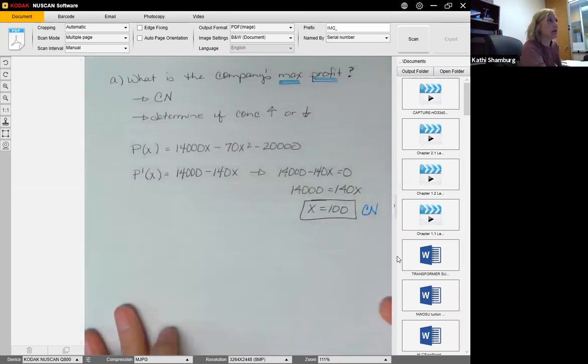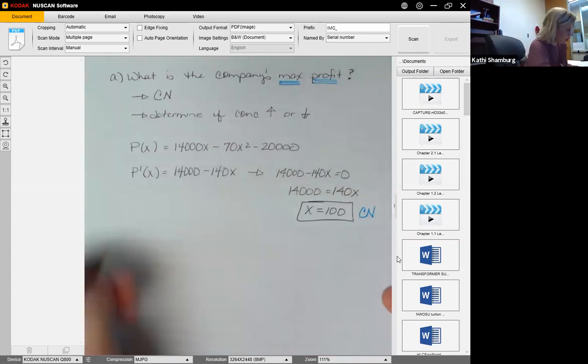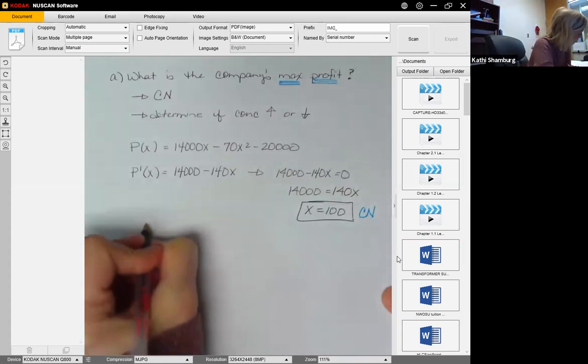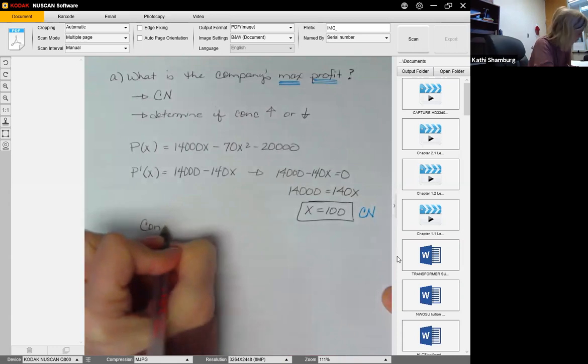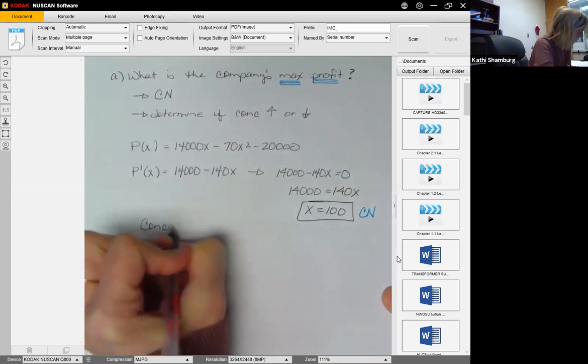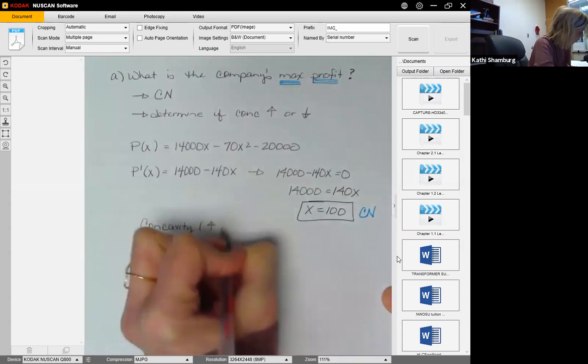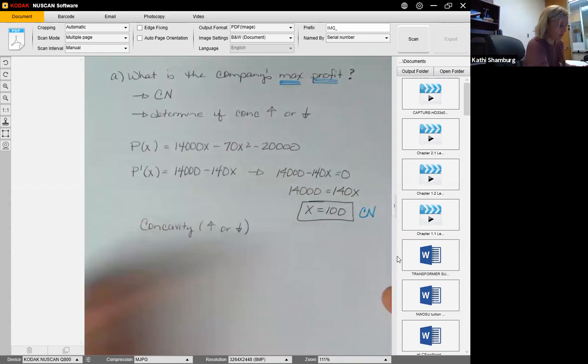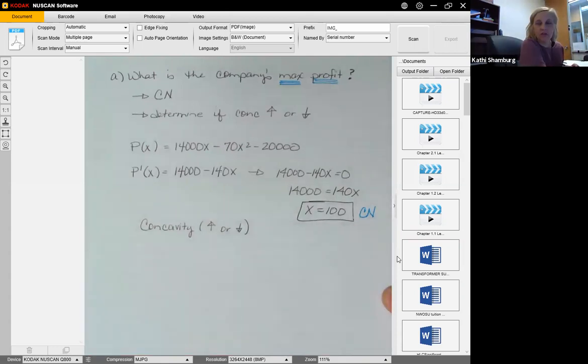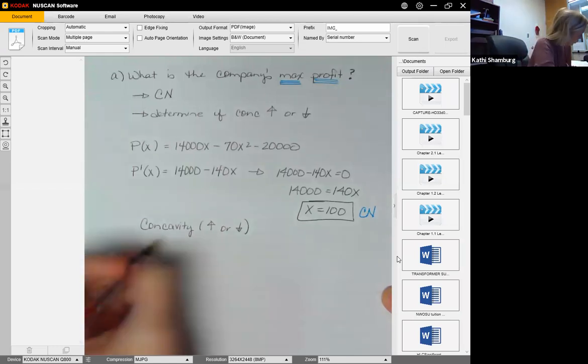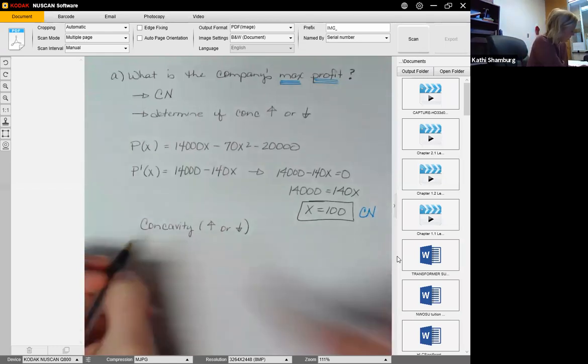Now, we're not done because we do have to determine if it's a minimum or a maximum. So we look at its concavity and we want to know if it's concave up or concave down. And that's just determining whether the output of the second derivative is positive or negative. So we're going to find the second derivative.